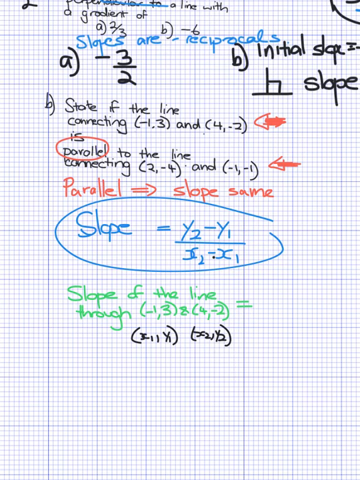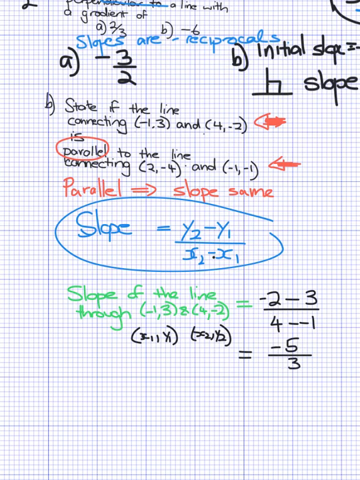So let's line it up. y2 is equal to -2. y1 is equal to 3. x2 is equal to 4 and x1 is equal to -1. So we found the slope of that. That's -5/4 take 1, which is 4 plus 1, which is 3.